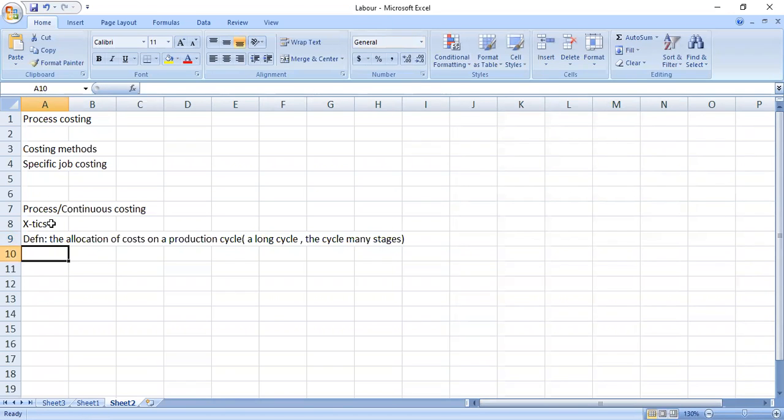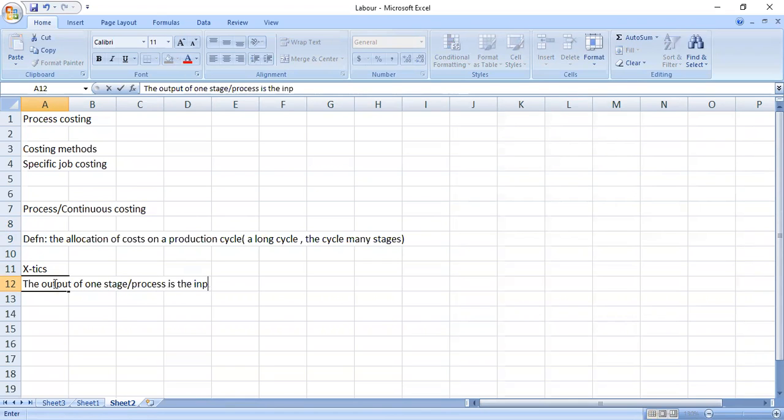Going back to characteristics, the one that stands out is the fact that the output of one process or one stage of process is the input of the next stage of process.